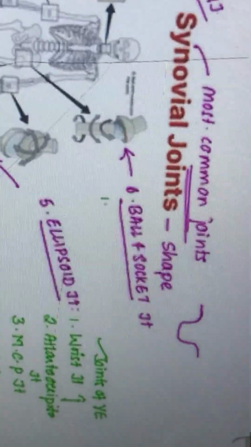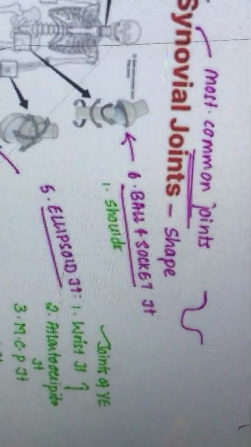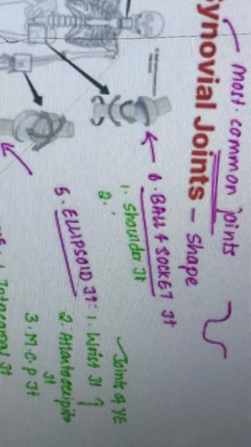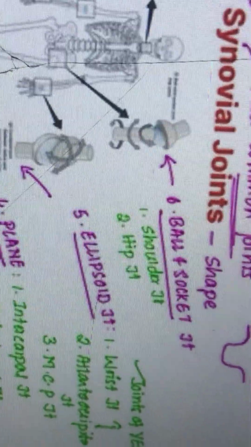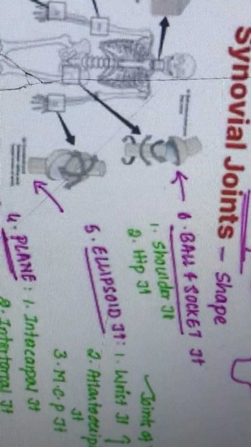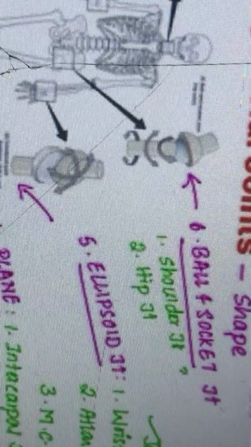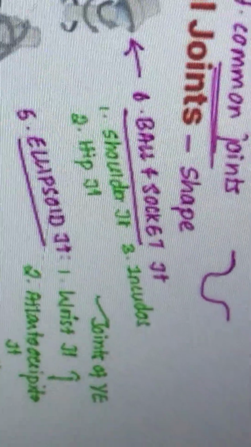So what are the examples? The best example is the shoulder joint. Then we have the hip joint. Now these are very commonly known joints, right? There are two more joints which are considered as examples for ball and socket type of joints. Now what are these? Remember, the third type is incudostapedial joint.